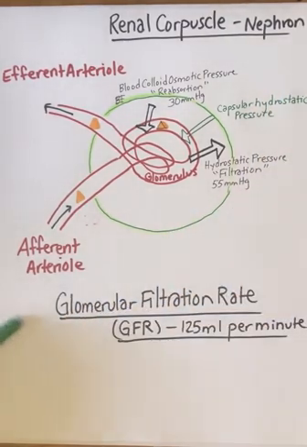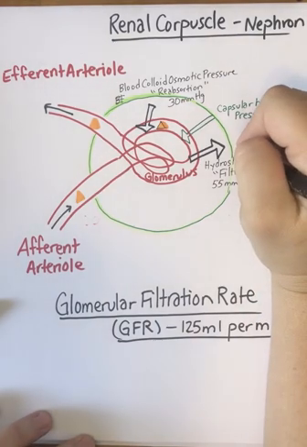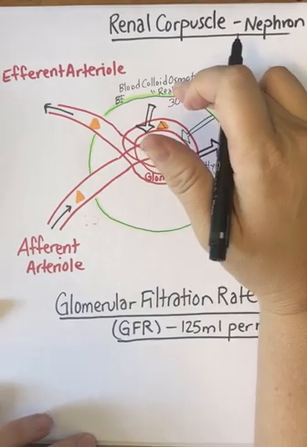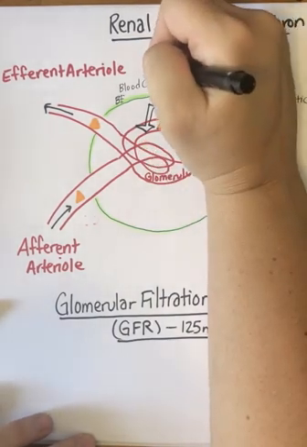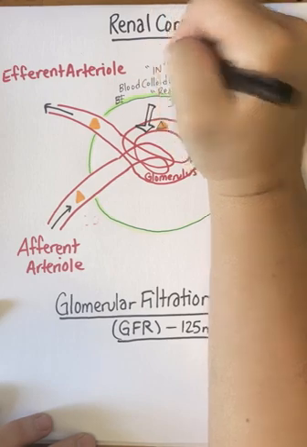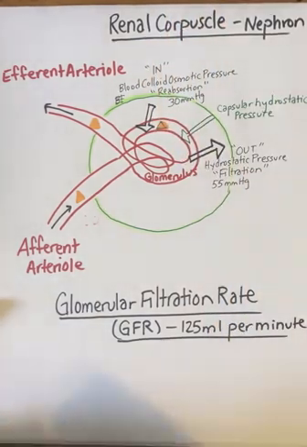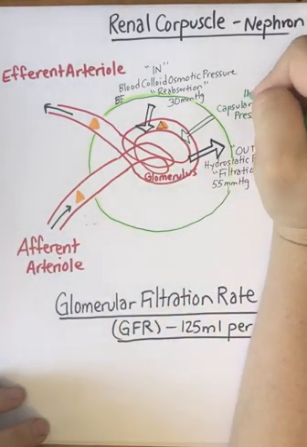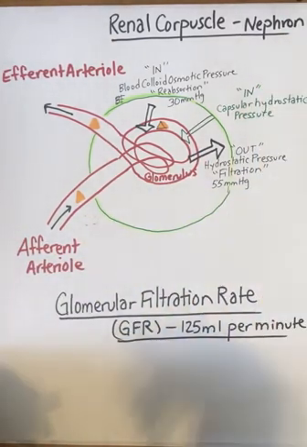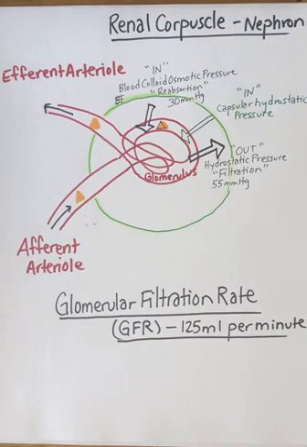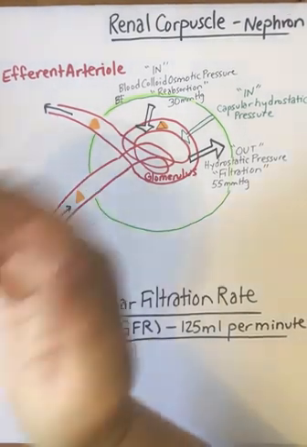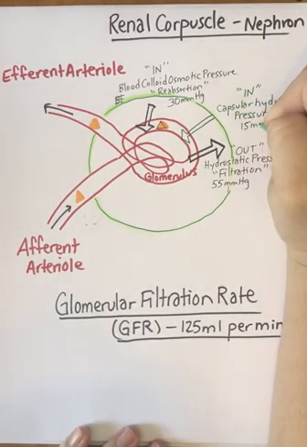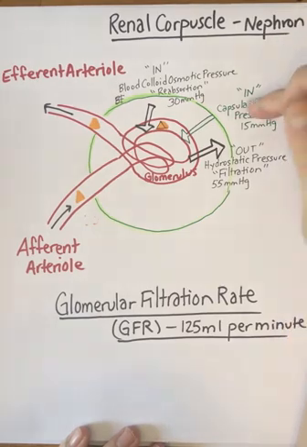So for each one of these, we could say hydrostatic pressure forces it out of the glomerulus. Blood colloid osmotic pressure forces it into the glomerulus. Well, capsular hydrostatic pressure, because the water is hitting the wall, it's forcing it back in to the glomerulus. So only a little bit of the pressure is going to actually force it back in. This is going to basically be 15 millimeters of mercury that forces it back in.